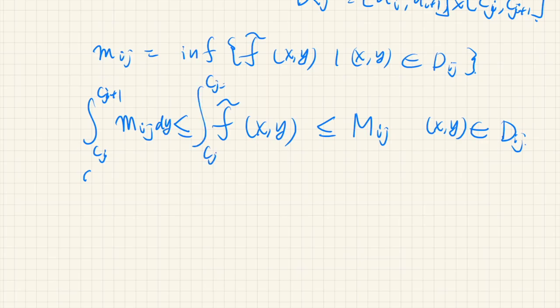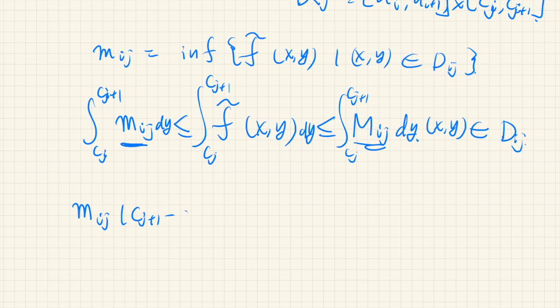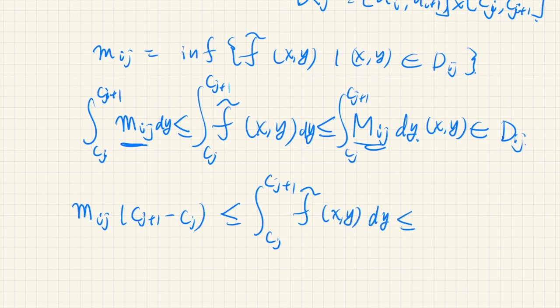This is a constant, and this is a constant, so we have mij times cj plus 1 minus cj less than or equal to this integral, less than or equal to this integral.